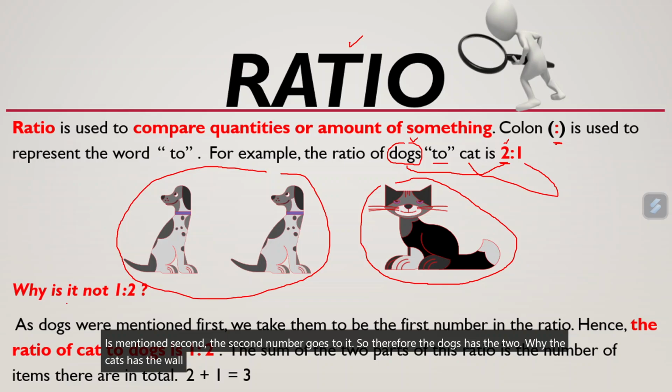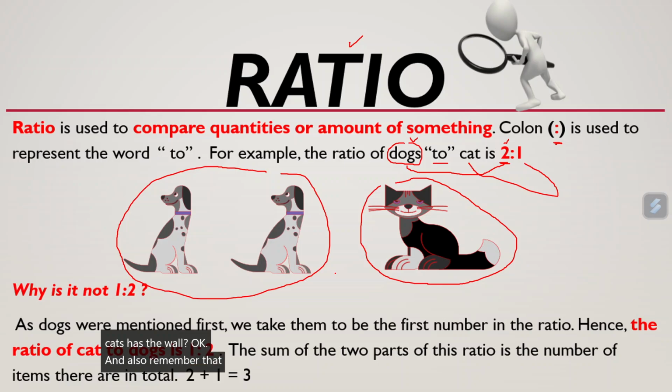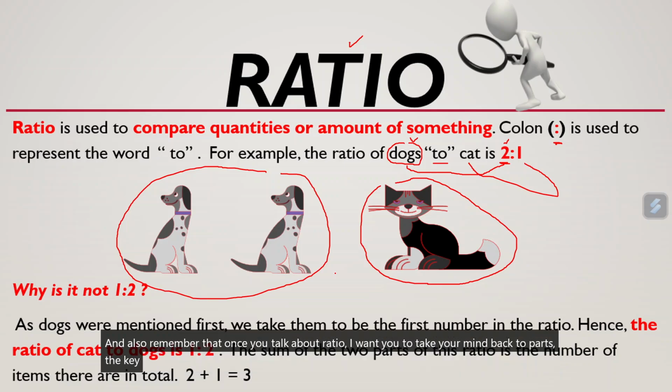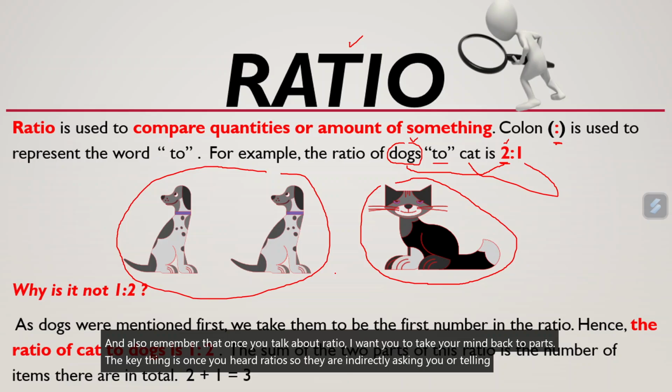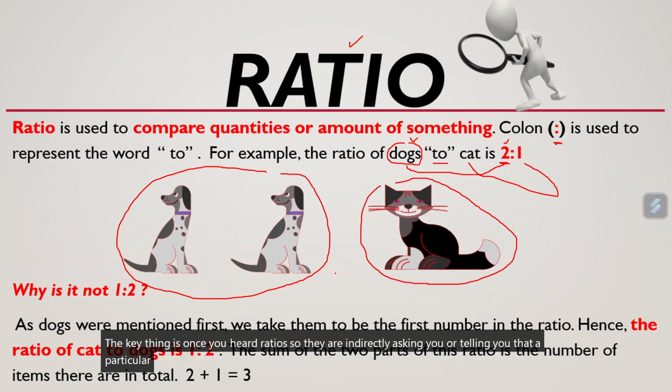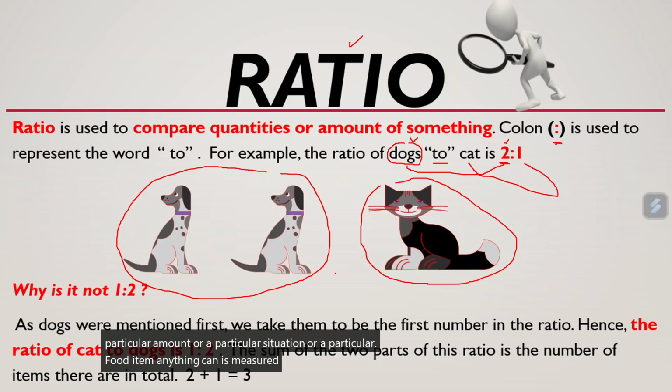Also remember that once you talk about ratio, I want you to take your minds back to parts. Once you hear ratio, they are indirectly telling you that a particular amount, situation or food item, anything it can be, is measured into parts. Please take note of that.